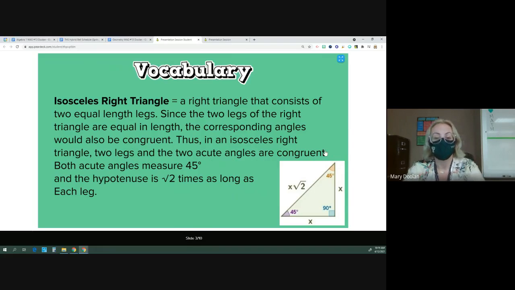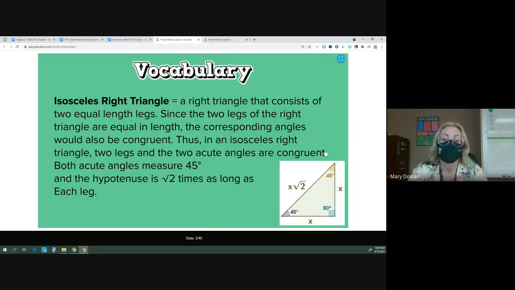So the 90-degree angle is where your 2 legs come from, and they both have the same value of x. X is just a variable. Whatever it is, it's the same. And the 2 acute angles are both 45 degrees. They are congruent. And then there's a relationship between the hypotenuse and the leg length.